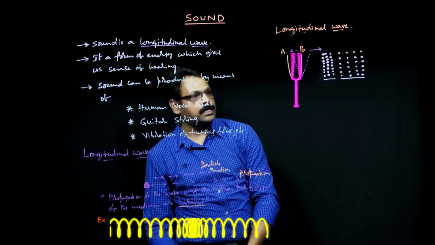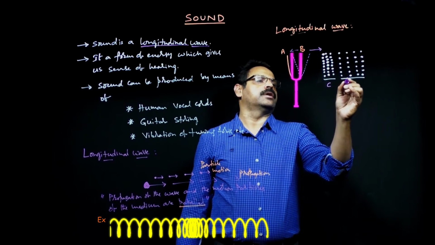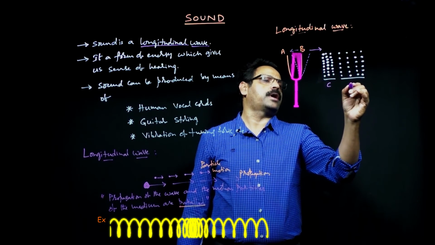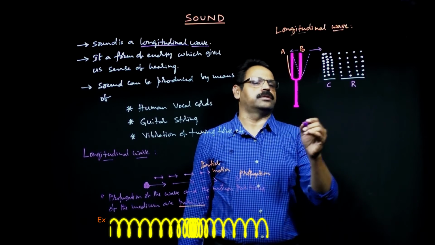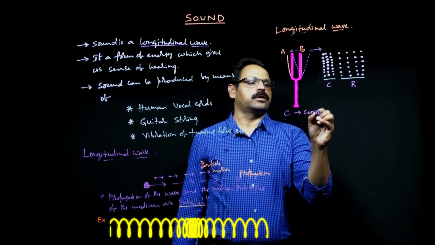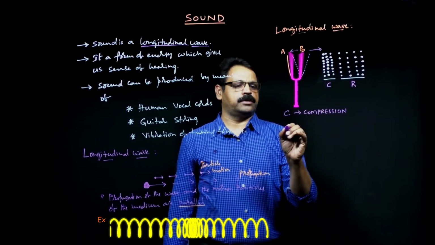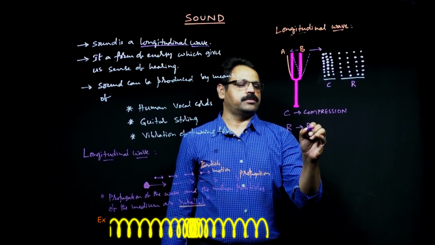When the particles are nearer it is called compression, and when they are farther apart it is called rarefaction. C stands for compression, and R stands for rarefaction.